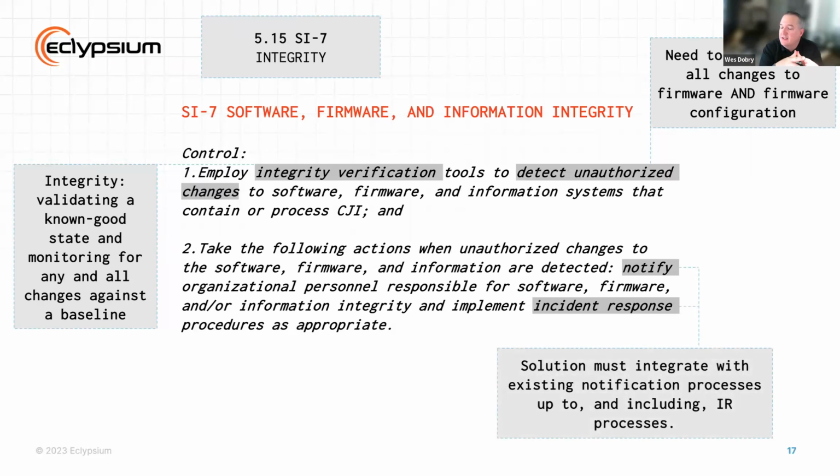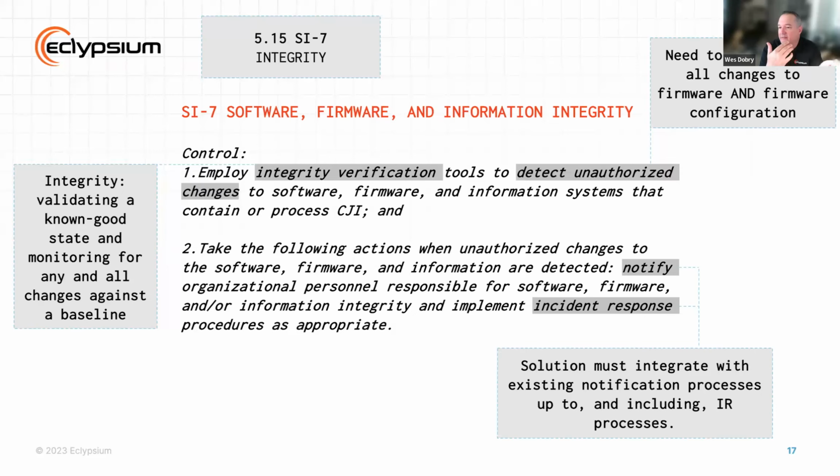It also means that this solution now, if we take a look at this notify and incident response terminology, must be included within your incident response processes. So that means that if we do get a notification of something like an unknown piece of firmware or an indicator of compromise within a piece of firmware, software, or any other information system, that needs to have some kind of a process where people are notified and a response is actually catered to that specific event.